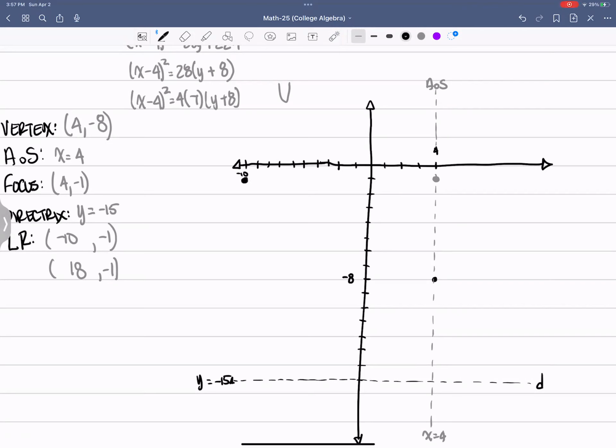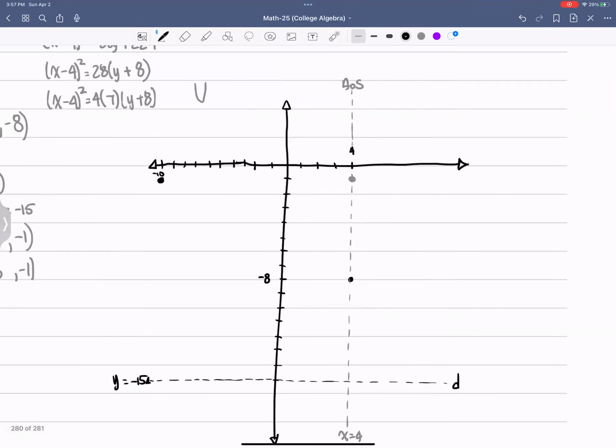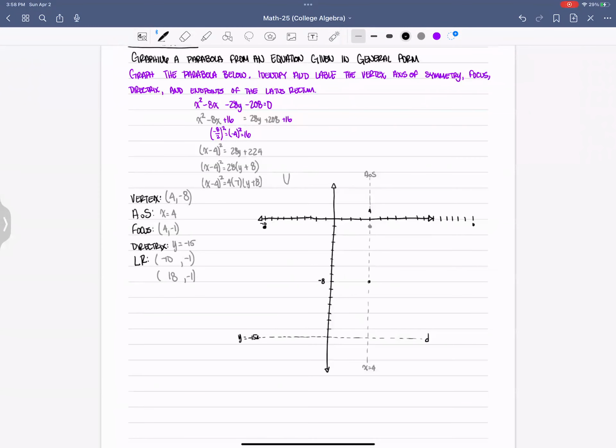That's going to be right here. And going across 18 units: 1, 2, 3, and so on up to 18. Down 1 unit. And this is a pretty big scale. But there we go.